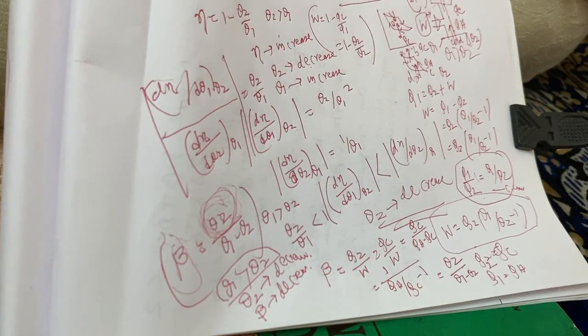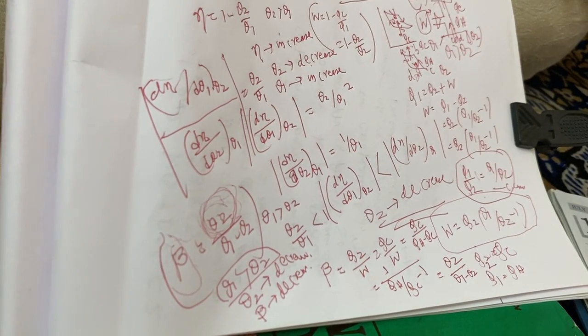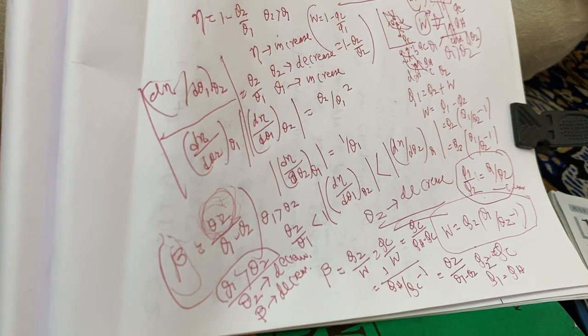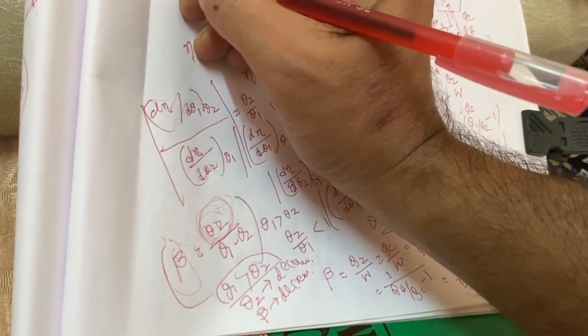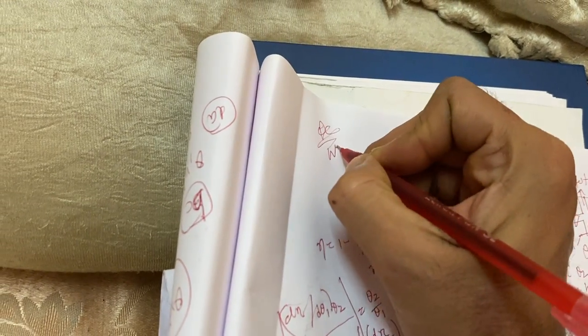A refrigerator acts as a room heater also. Suppose beta, QC by W, equals 5. So, 5W amount of heat is extracted from the cold reservoir.